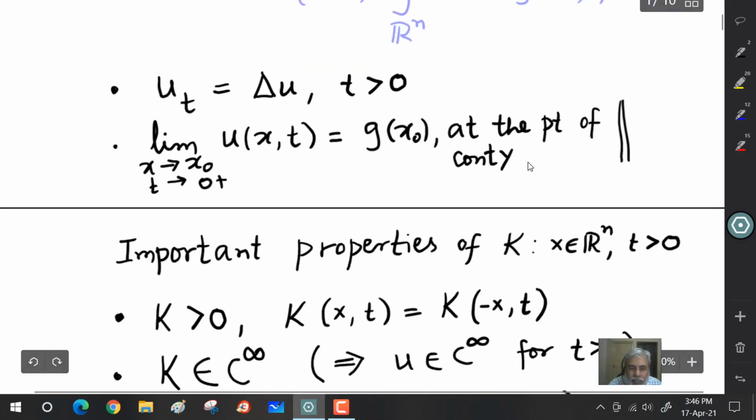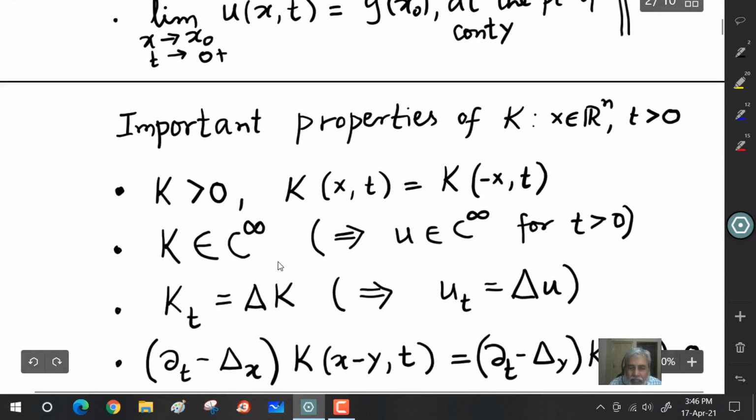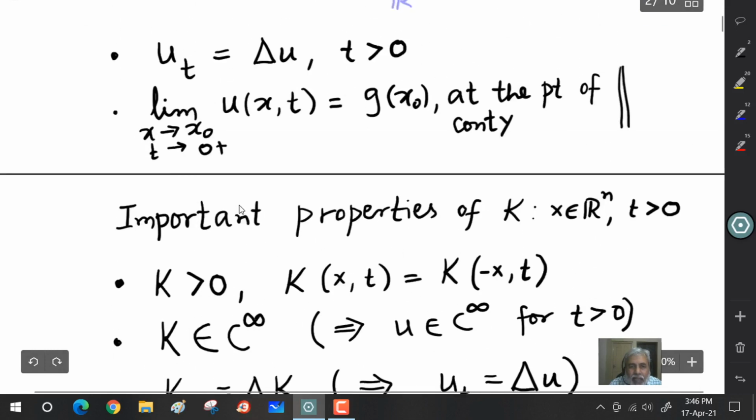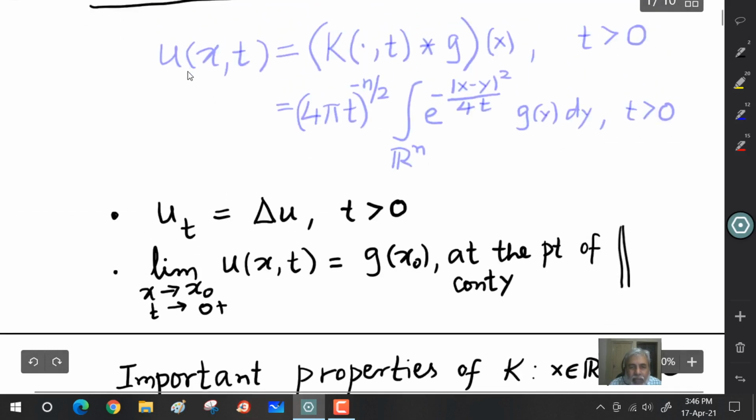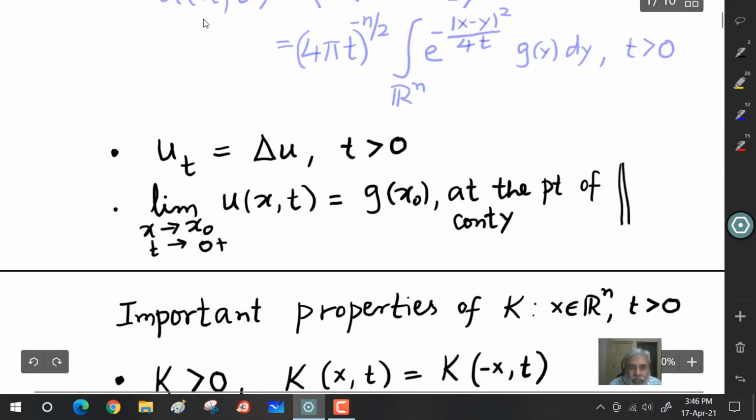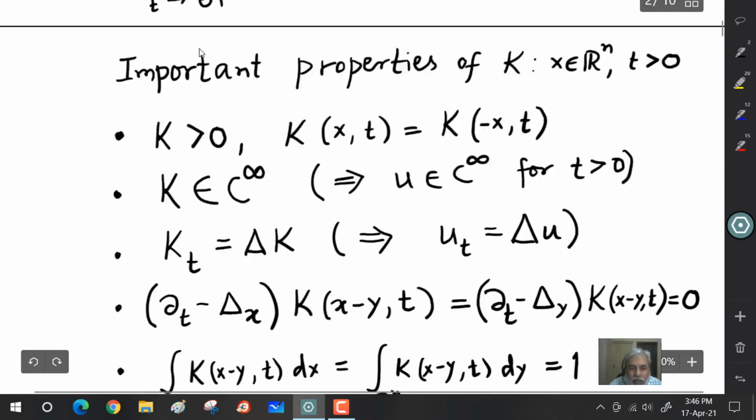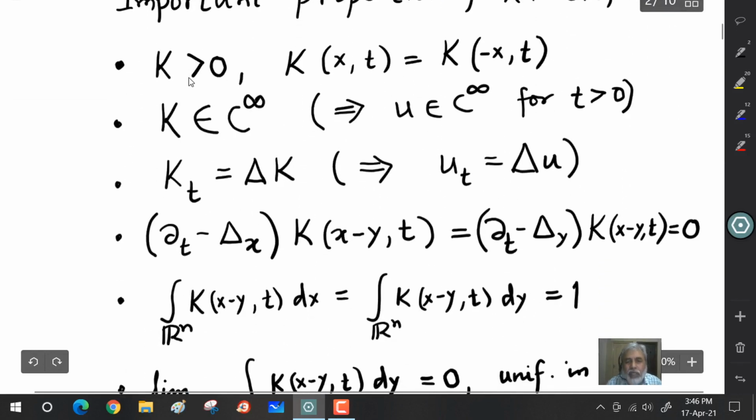So K is a C infinity function in this region, and that implies this function given by the Fourier-Poisson formula, namely the solution of the heat equation, is also a C infinity function for T positive.